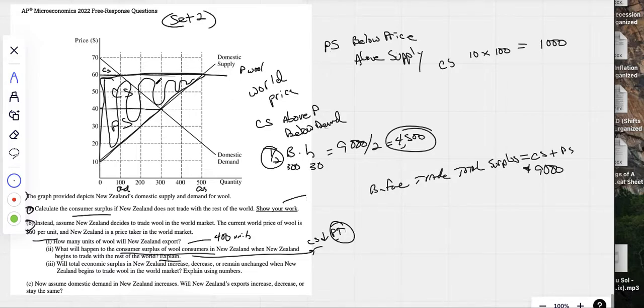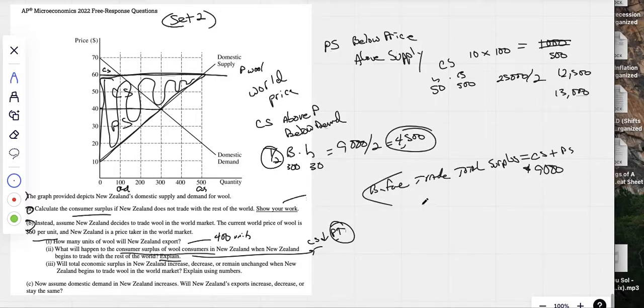And then our producer surplus, which is huge now, looks like the height is 50, the base is 500. 50 times 500 is 25,000, divided by 2, so 12,500. So with the consumer surplus, 13,000.